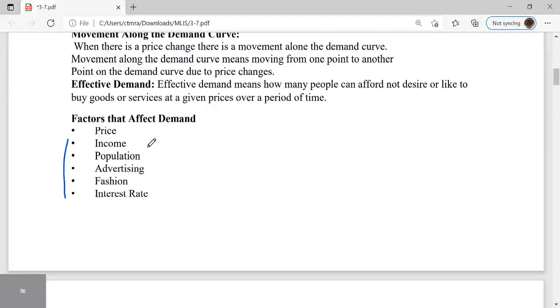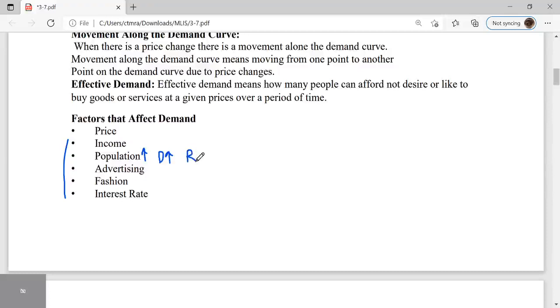Immigration will increase your population, right? So the demand will rise, as there will be more people to buy your product now. So there will be a rightward shift.